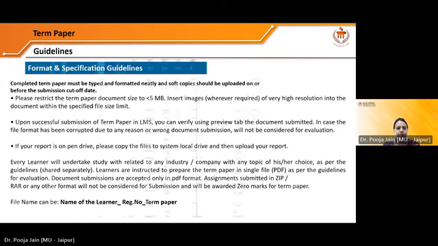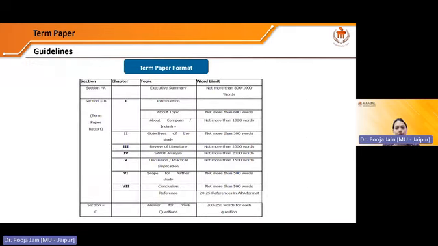Okay. Now, come to the most important part, the format of the term paper. The format of the term paper is very important because you will have to make your file in a systematic manner. The term paper has been divided into 3 parts: section A, section B, and section C. In section A, there will be an executive summary.